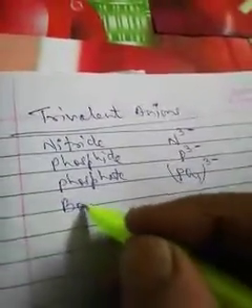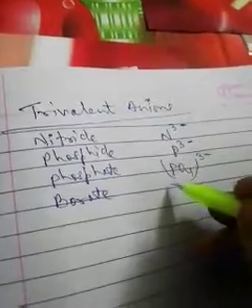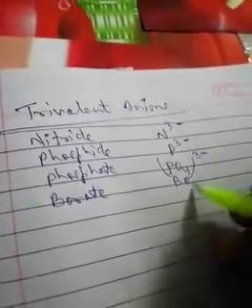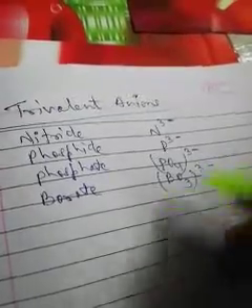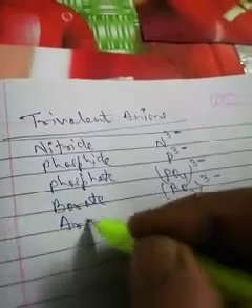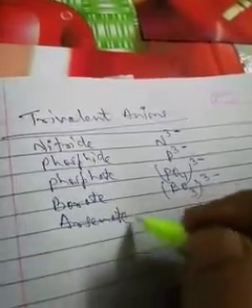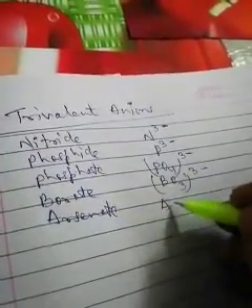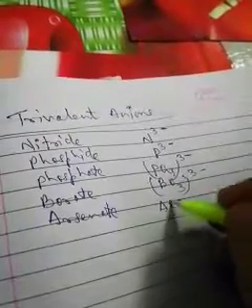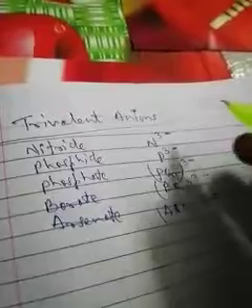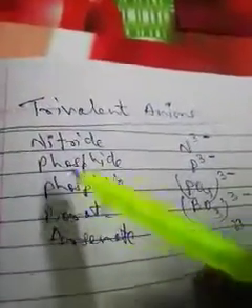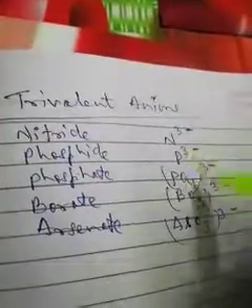Borate, BO3, valency 3. Arsenate, AsO3, charge 3. So these are some of the trivalent anions, that means charge 3 and valency 3, we can say.